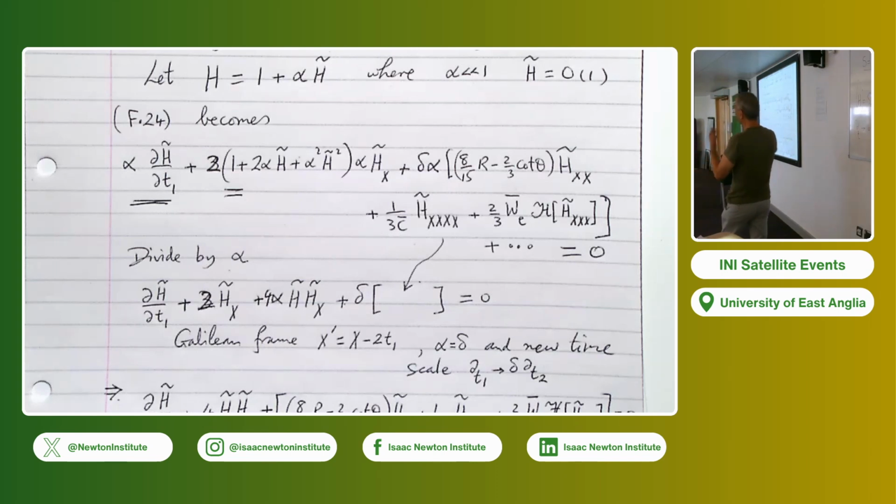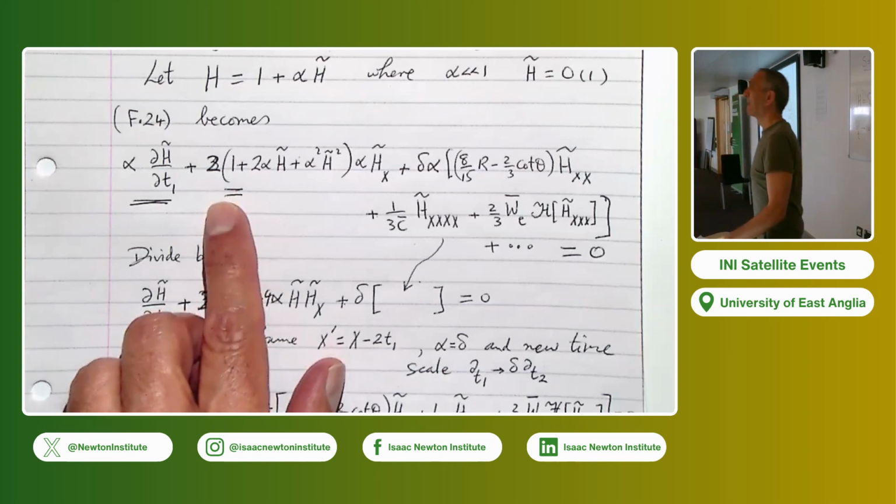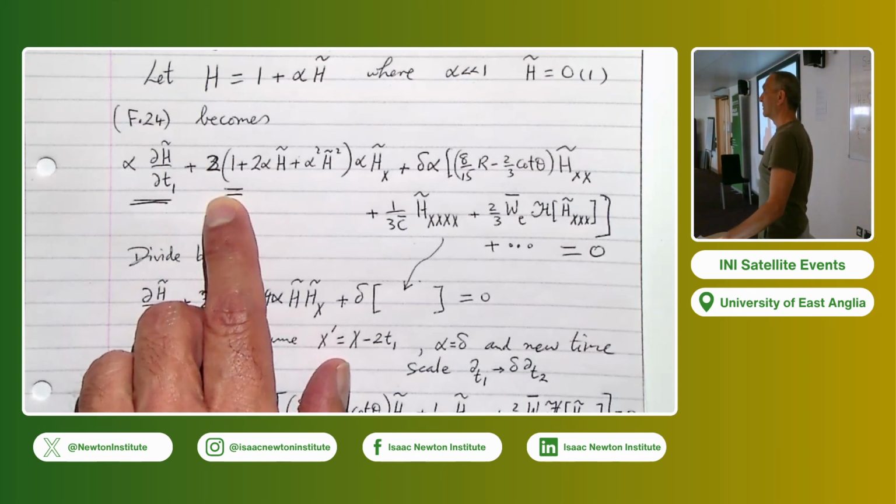Now, before doing anything weakly nonlinear, those two terms were what gave me the shock formation. It's what gave me the hyperbolic equation. But now, since they have constant coefficients, I can just go in a frame of reference moving with speed 2 and get rid of that.